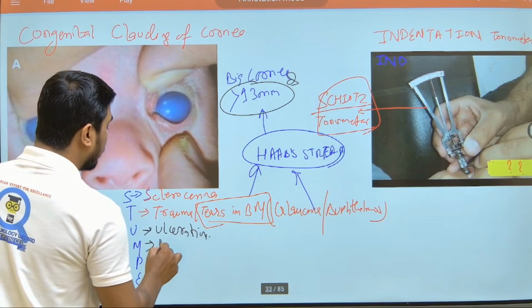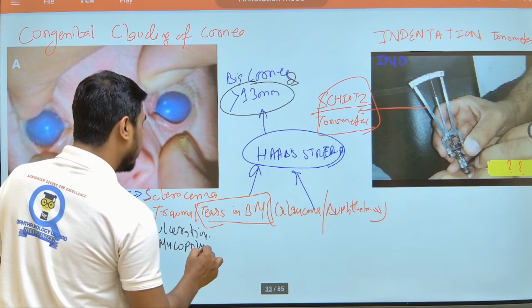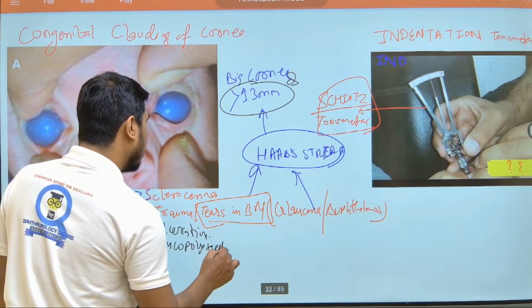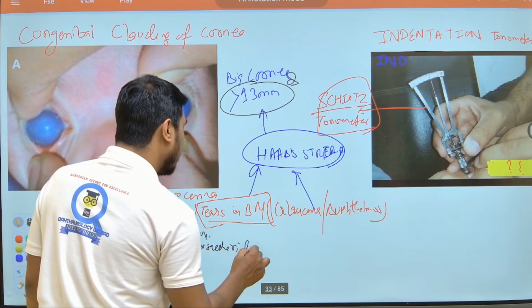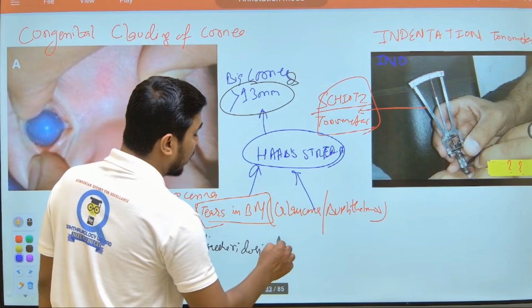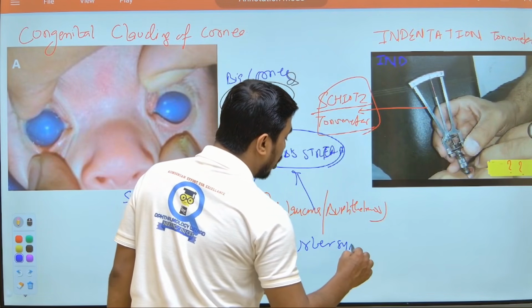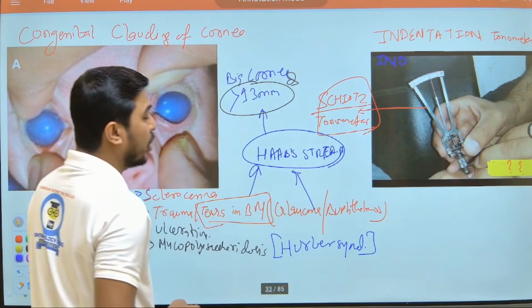M for mucopolysaccharidosis. In this mucopolysaccharidosis, what is important? You need to remember Hurler syndrome can cause clouding of the cornea.